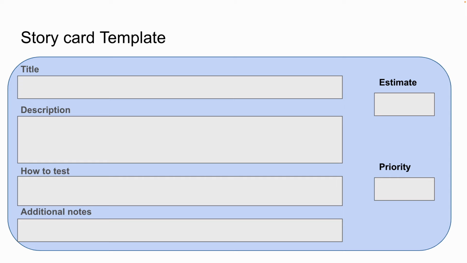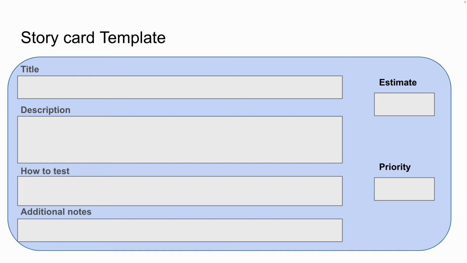The story card template may look something like this. Now, if you're using something like Trello, it may look different, and we can have a look at that later. So in this case, the story card would have a title, a description, a description about how to test this story, and then some additional notes.